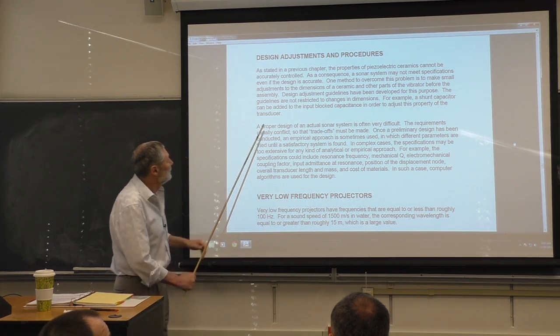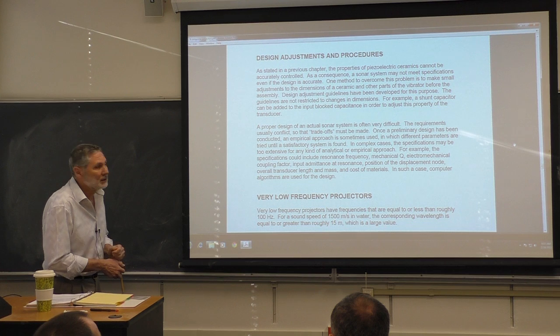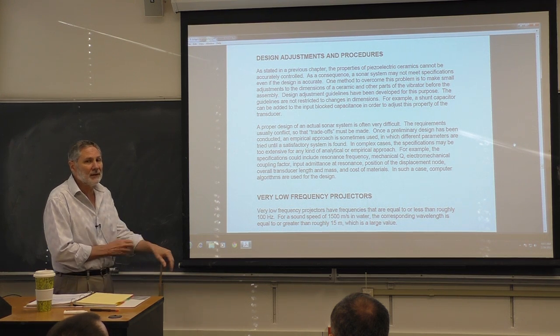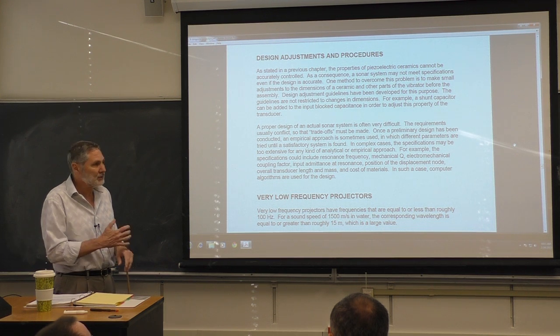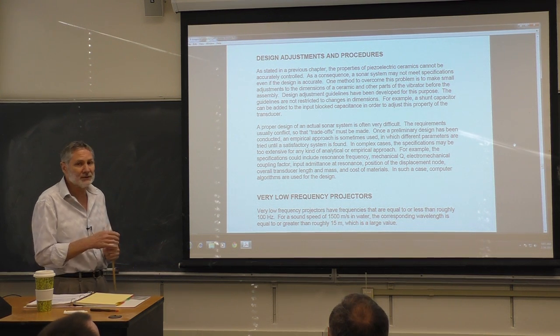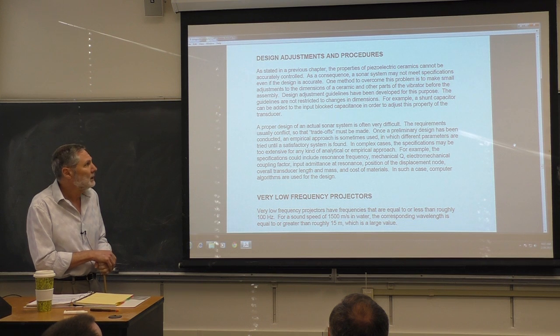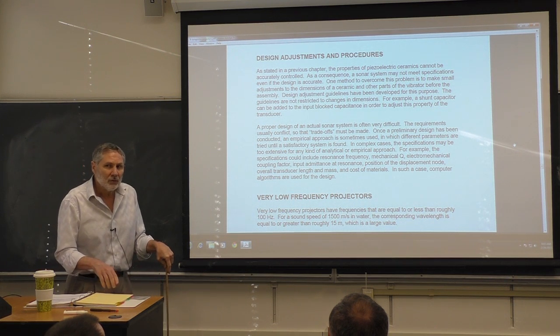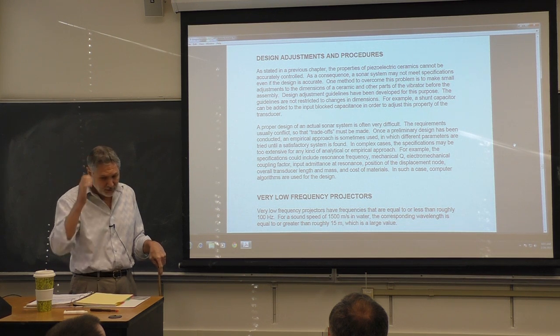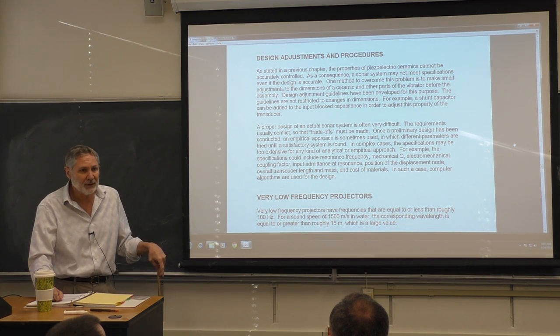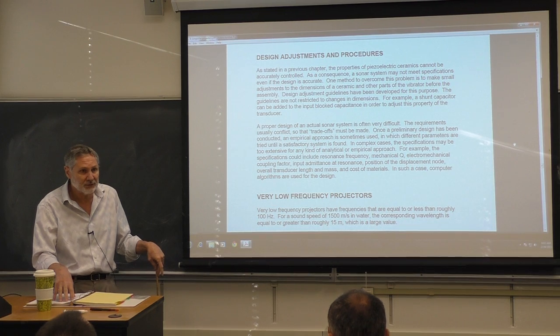So one thing that people naturally do is they make adjustments after the transducer is made, hopefully before it's assembled. So one thing you can do is, before it's assembled, the measurements can be taken on the piezoceramic to characterize it better, that particular piezoceramic.